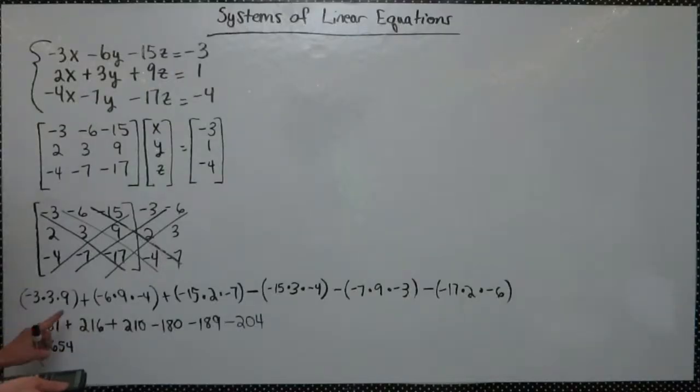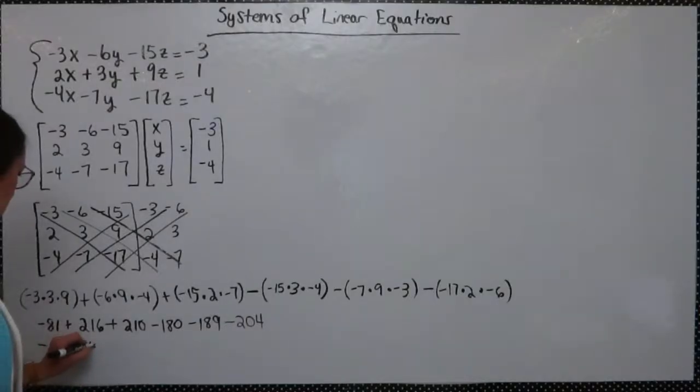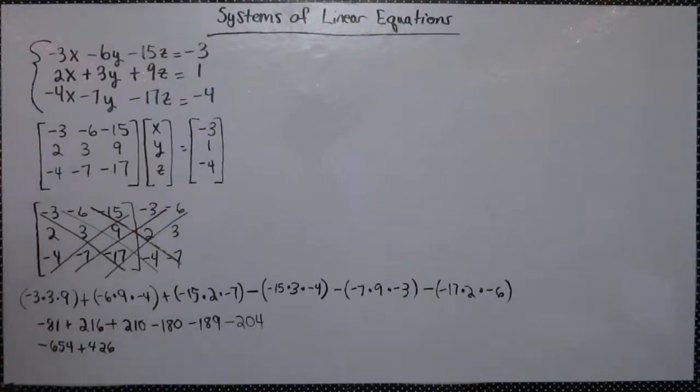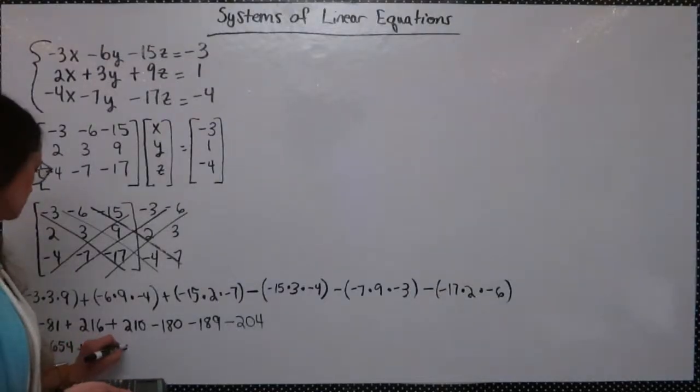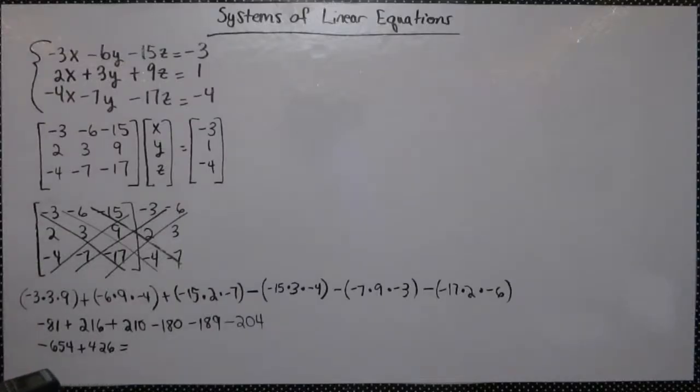I'm just adding all of the negatives first. So then we have 2 positive numbers, and I know that that is plus 400 and looks like 26. 426. So whatever this equals is going to be my determinant. And it's definitely not 0, so that's good.